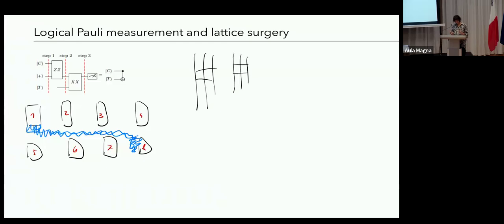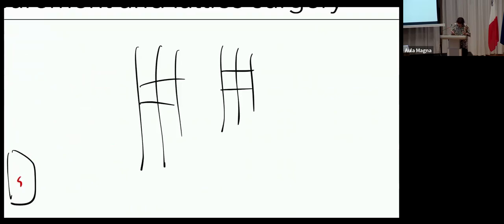So what you do if you want to measure the ZZ operator on these two guys with lattice surgery, these are two planar codes, you add two qubits in the middle, like this, and then you measure all the Z operators, and you also measure the new ones. These are the new ones.